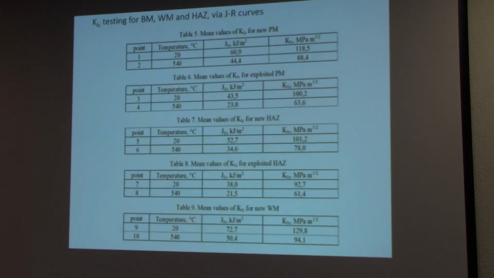So, more concrete, in this case, as already explained, there is a set of values for K1C, for new parent metal, exploited parent metal, heat affected zone, also new and exploited, and weld metal, just the new one, since it was the best one actually.